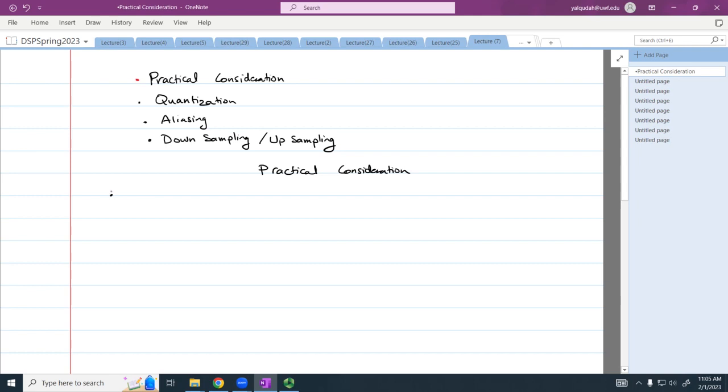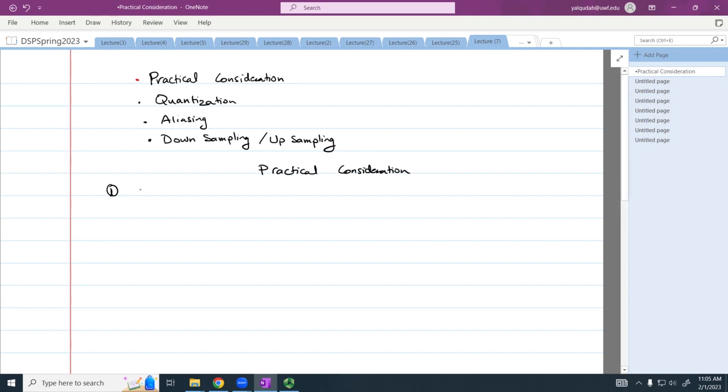And we said in the previous class, the first thing we have to consider when we are doing the sampling is that the signal that we're going to sample might not be band limited. What is it we have to do if the signal is not band limited? We have to take it through a low pass filter that will remove all the components above a certain frequency that we consider our bandwidth of the signal.